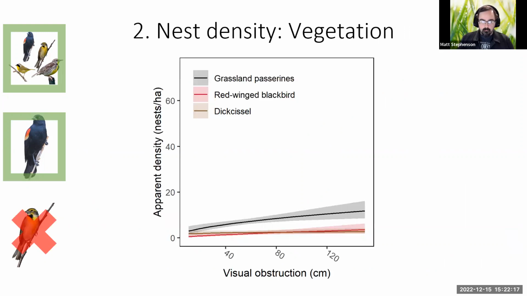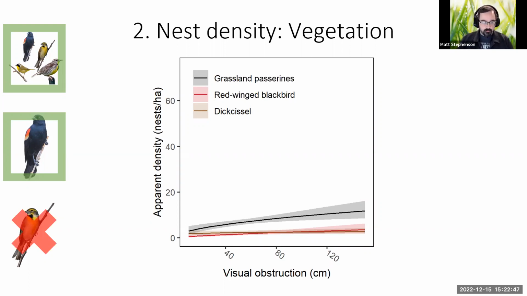And then a couple of vegetation variables were also important descriptors of nest density. Visual obstruction here is a stand-in for vegetation density, how tall and how dense the vegetation grows. This was a good predictor of nest density for red-winged blackbirds and grassland nesting passerines as a group, where the more dense vegetation in the search plot, the more nests we found.